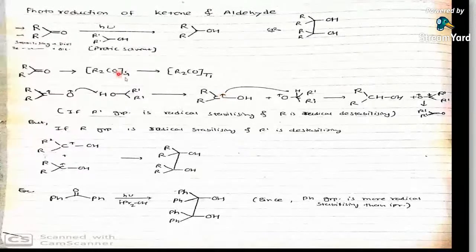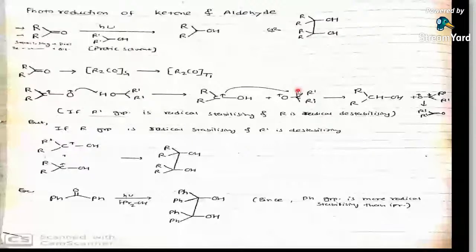Now, as this is the CH, the second hydrogen, as a radical, can combine with this carbon, and as a result it will form RCHOHR, and the one radical at this position will again undergo spin inversion and give you the ketone.